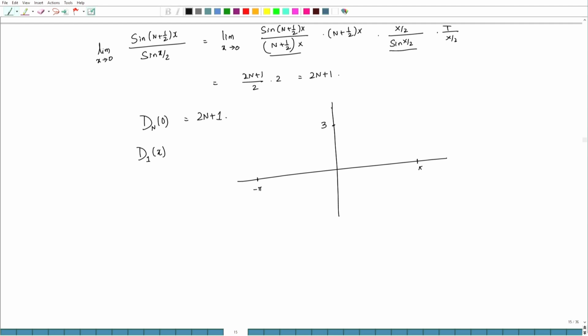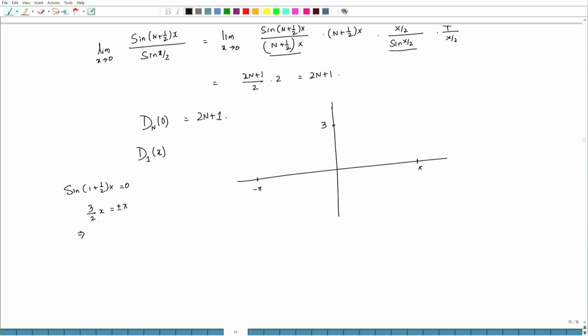So, sin of 3 by 2 x has to be 0 in order to have D_1 of x be 0. This will imply that 3 by 2 x is equal to plus or minus pi.